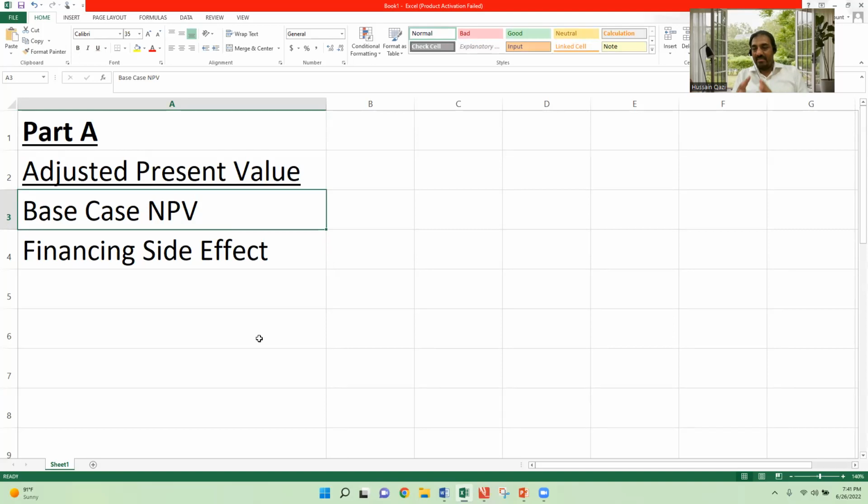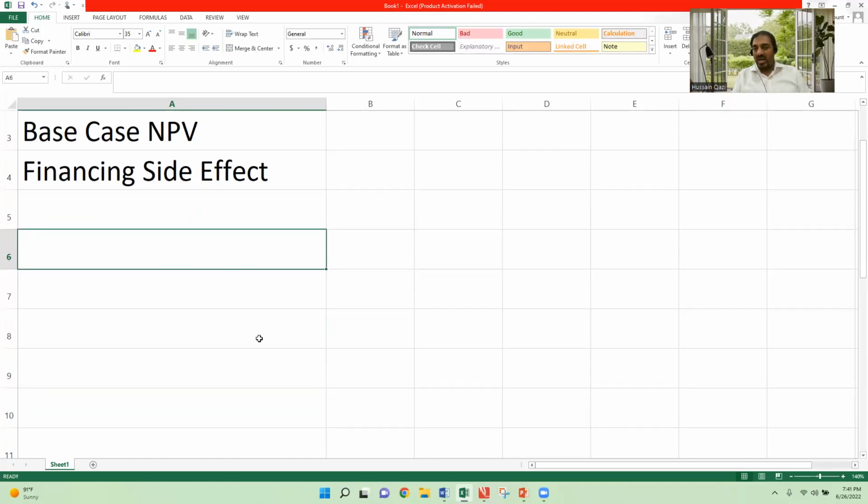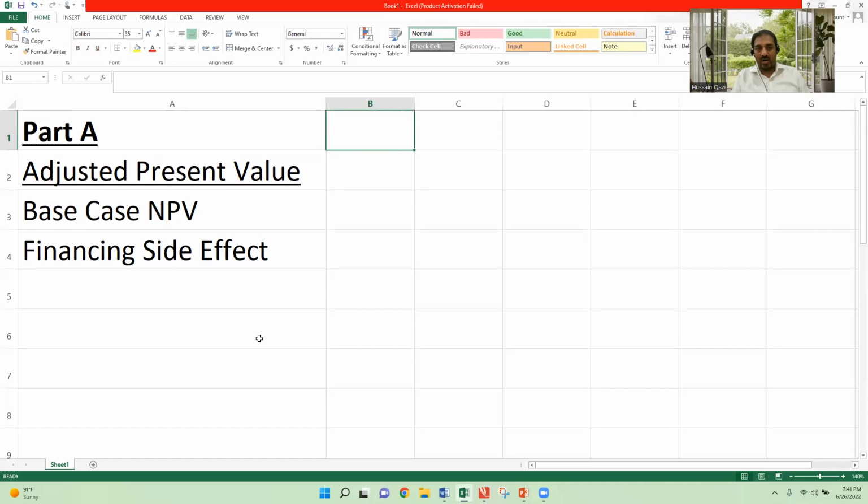Now, the examiner with the new format structure is very much concerned about student presentation with the spreadsheet. It's very professional. So let's say we have to work out the base case NPV in a separate manner, and financing side effects in a separate manner, with the working mentioned in a separate structure.